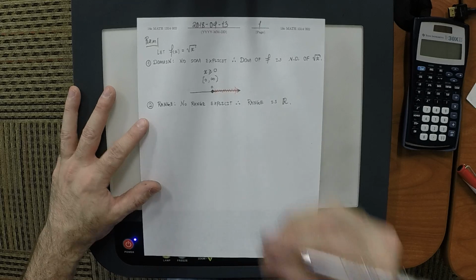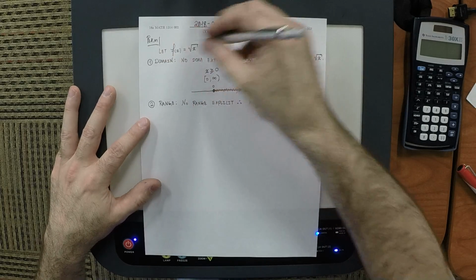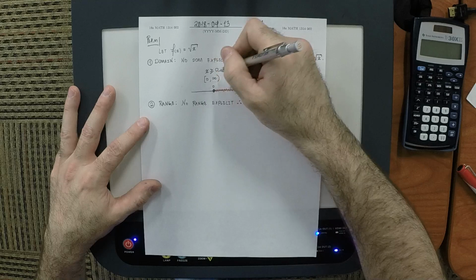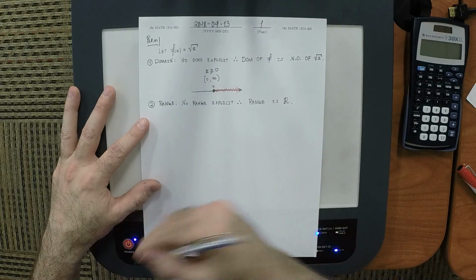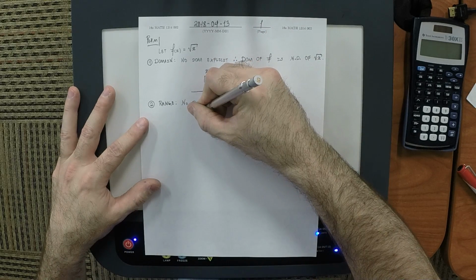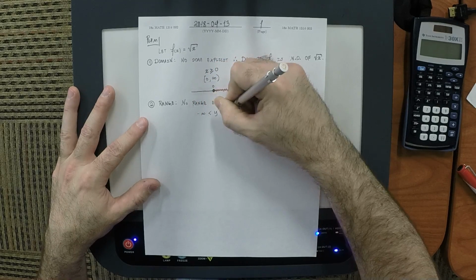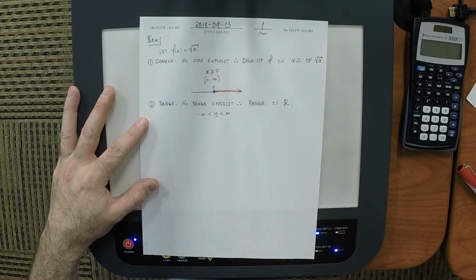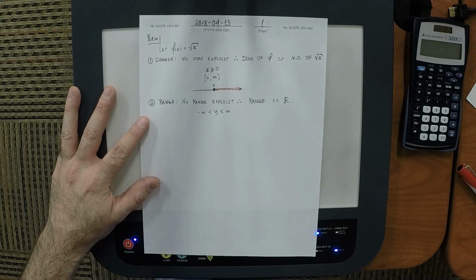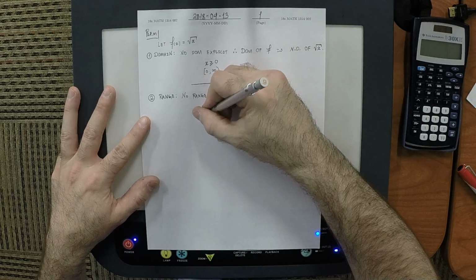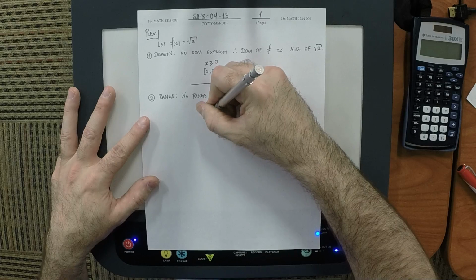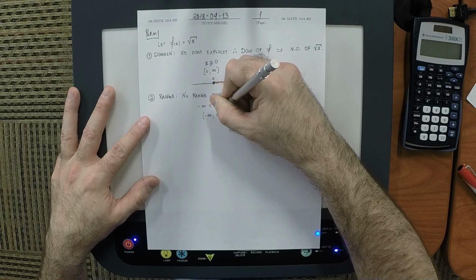So again, algebraically, considering the input symbol x and the output symbol y, you could write negative infinity less than y less than infinity, so that you could write it as an inequality. As an interval notation, you could write it negative infinity to infinity.